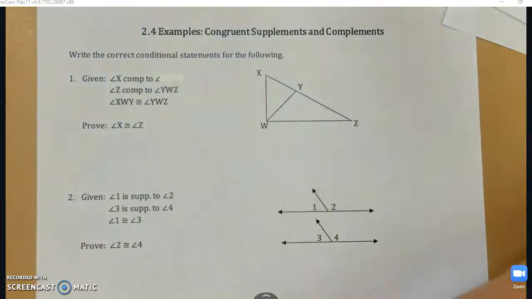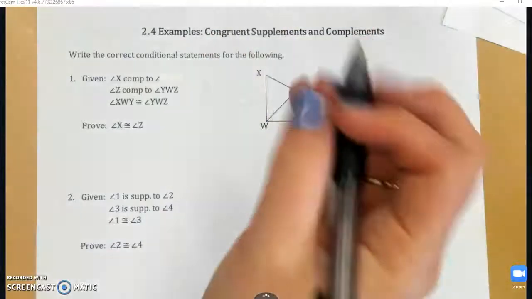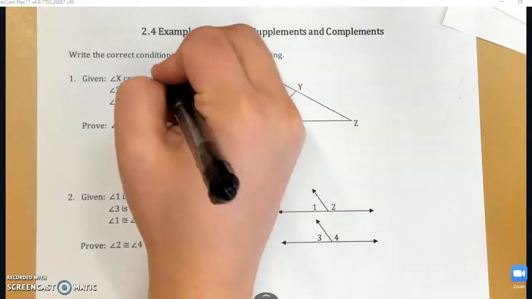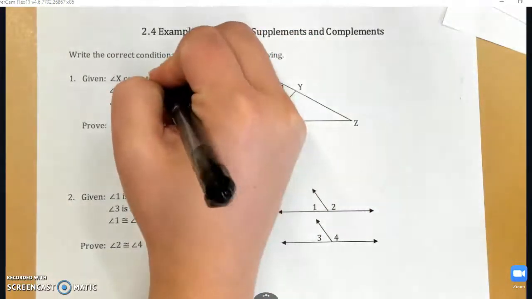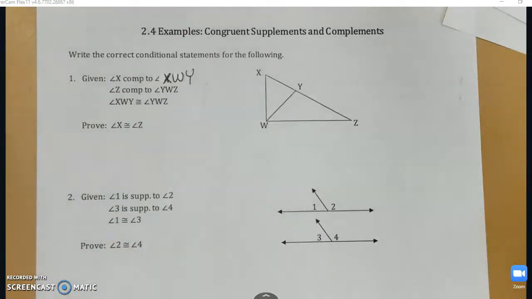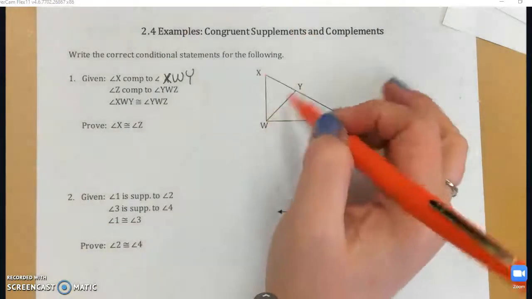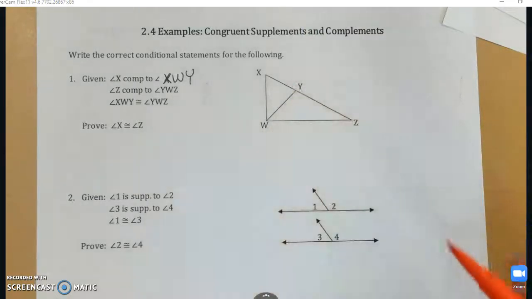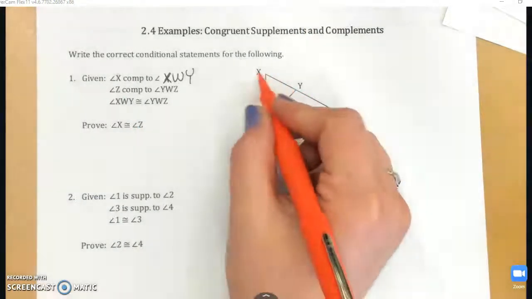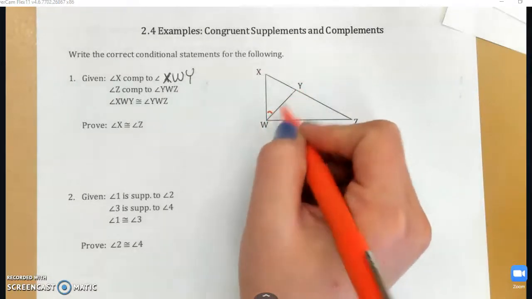That's not angle XYW, it's supposed to be angle XWY. Okay. So X is complementary to XWY, Z is complementary to YWZ, and then XWY is congruent to YWZ.